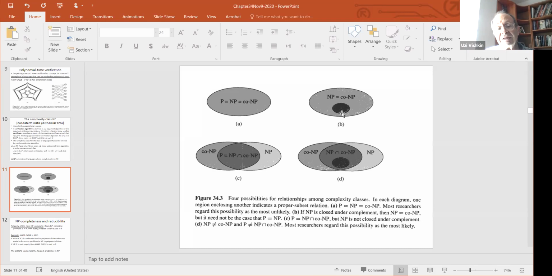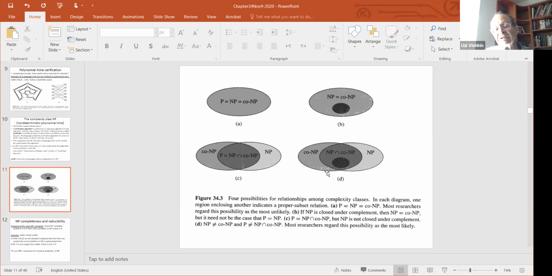The other possibility is that P equals NP intersect co-NP. You have this possibility that the intersection is smaller than each, and you have this situation where NP, co-NP, and their intersection, and this is P, by the way, look like that.